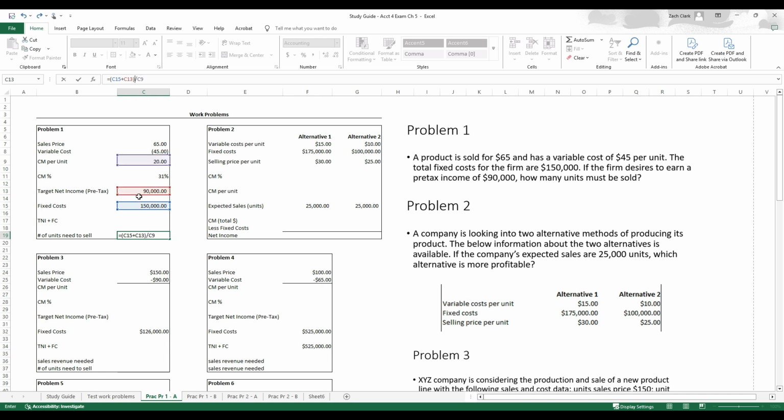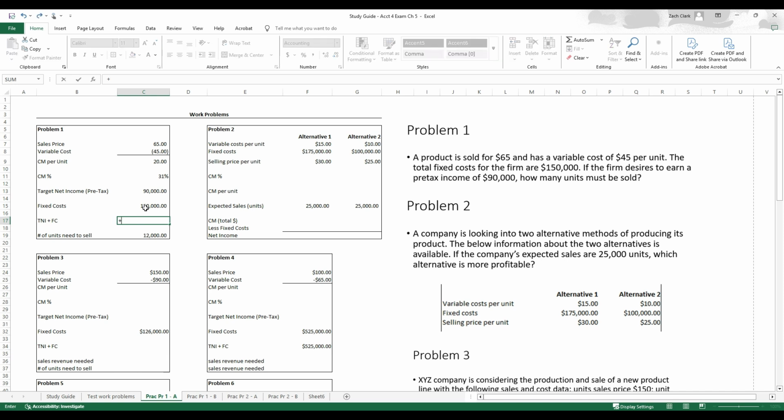Now we're saying, how many units do we need to sell to cover our fixed costs, and then on top of that leave us with an additional $90,000? We take our fixed costs plus our target net income, divide by contribution margin per unit, and we can see that leaves us with 12,000 total units that need to be sold.